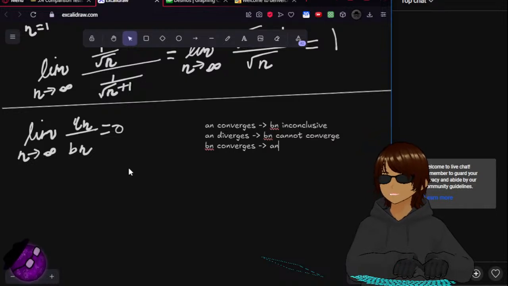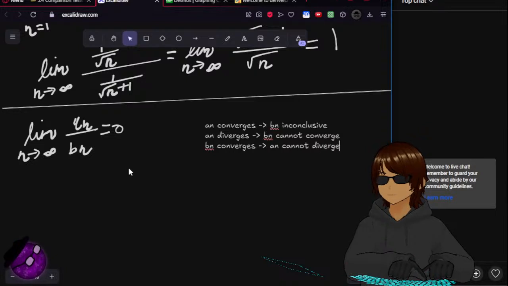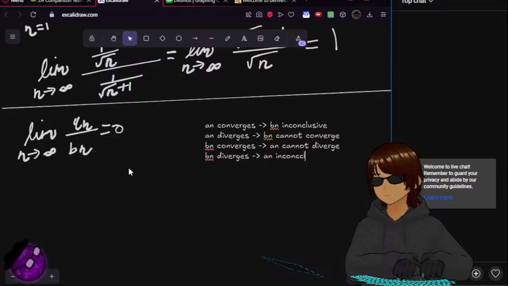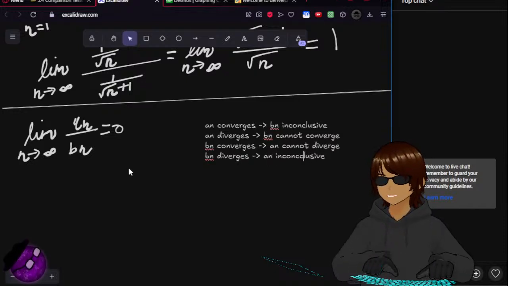An cannot diverge, otherwise the limit would be infinity. If bn diverges, then an is inconclusive, right?